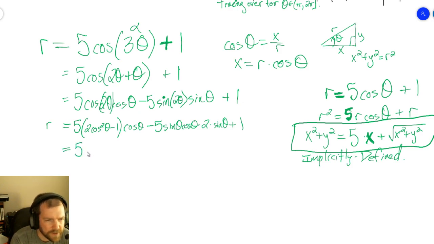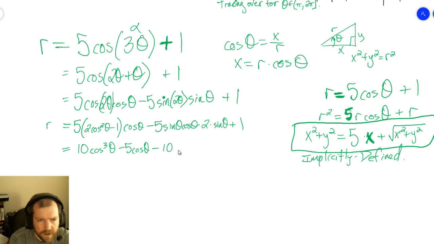So as we break this down, this is going to be 10 cosine cubed theta minus 5 cosine theta. This is going to be a minus 10 sine squared cosine theta plus 1.